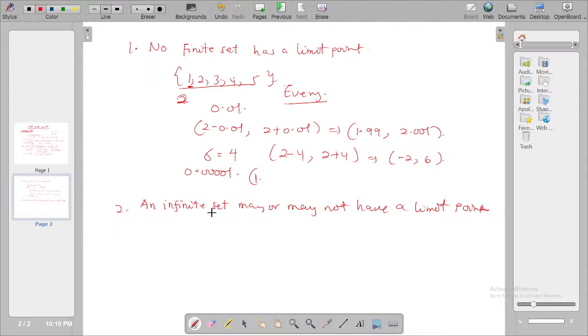So now let's see a couple of infinite sets which will have and which will not have one. I have an infinite set S equal to 1, 1 out of 2, 1 out of 3, 1 out of 4, dot dot dot. With this set, where is it approaching? What is it heading towards? As the denominator keeps on increasing, our value tends to approach 0.